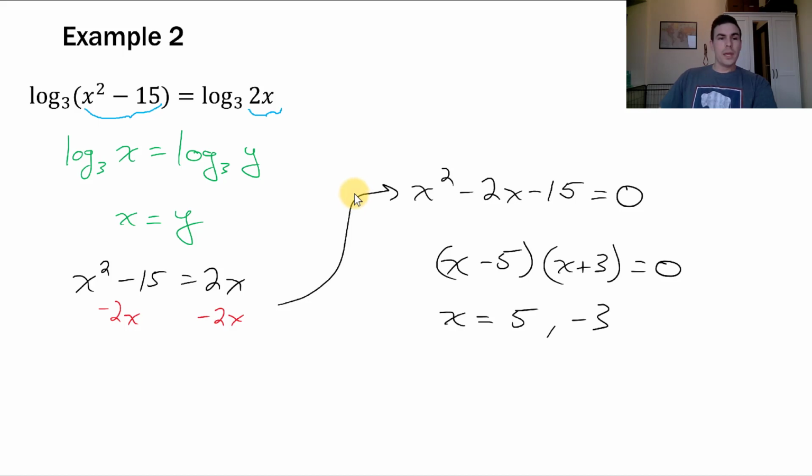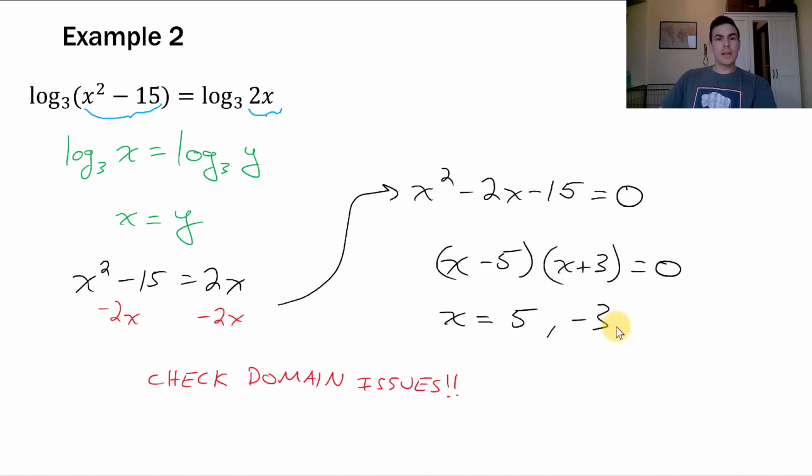Now we have to be careful because we are not done here, okay? We have to check for domain issues, because with logarithms, I can't have a negative number inside my log, right? I cannot have a negative number inside my log.